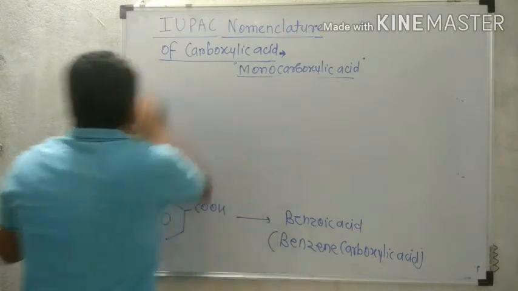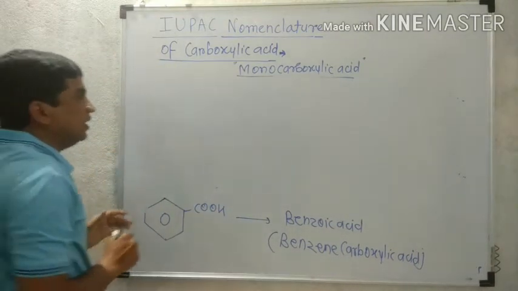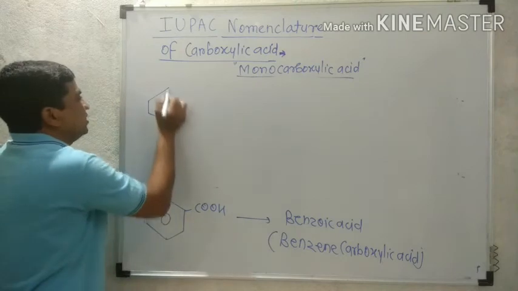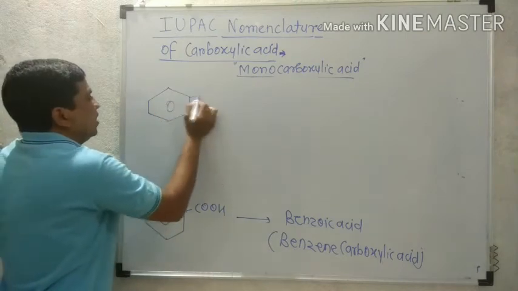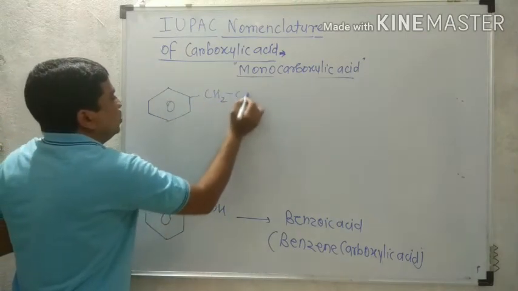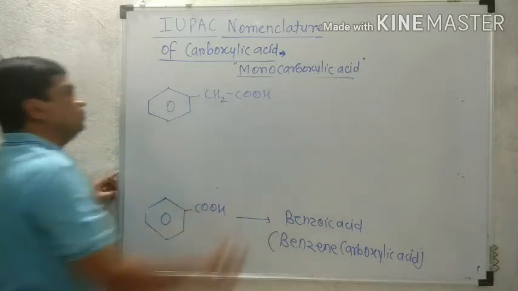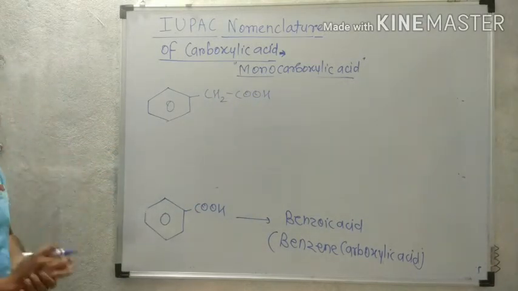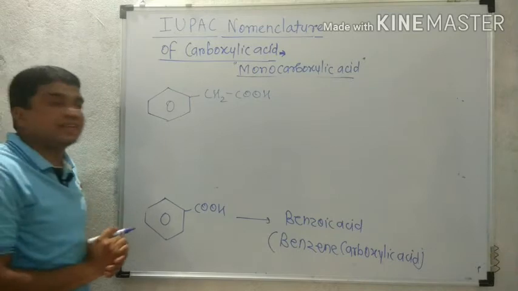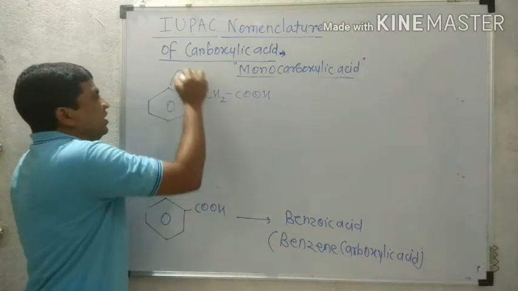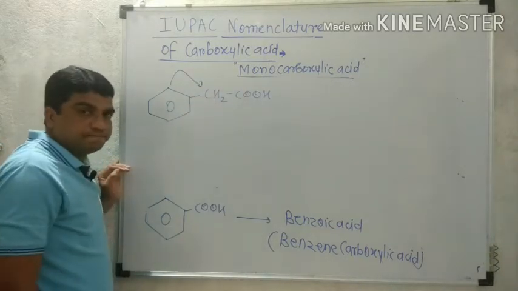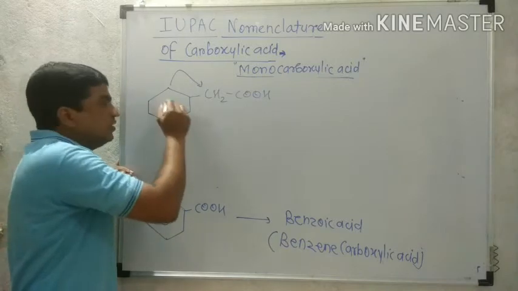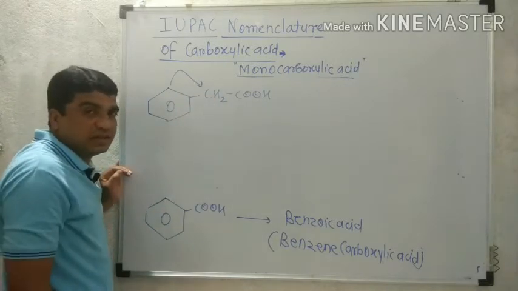Now again some examples from monocarboxylic acid, that is if the structure is benzene attached with CH2COOH. What for this structure? In this structure, this benzene, that phenyl group, is a substituent to the carbon chain.